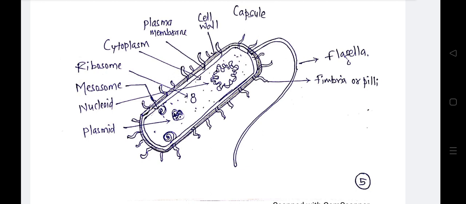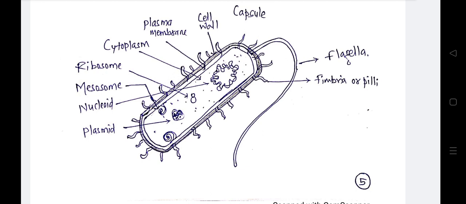Now the flagella are of various types: polar flagella and non-polar flagella. Polar flagella means the flagella is present at one end. Here the flagellum is a polar flagellum. If only one flagellum is present, it is called monotrichous.